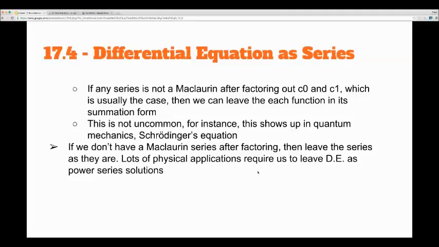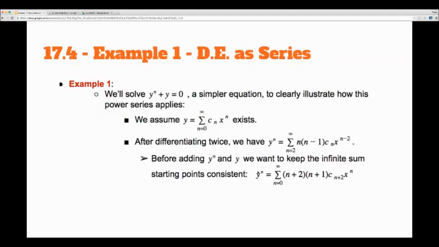And lots of physical applications require us to leave it as a power series solution if we end up using series to solve a differential equation. Let's go ahead and solve y double prime plus y equals 0. We assume that there is an infinite sum for y that exists.